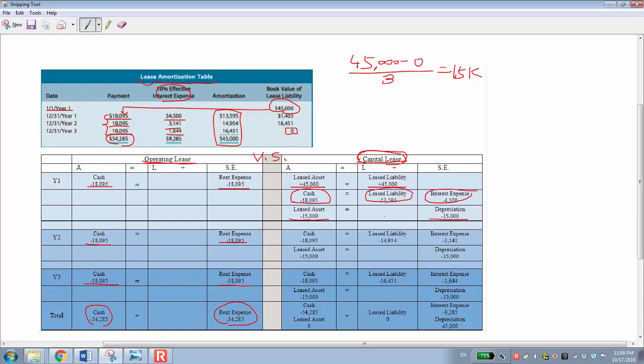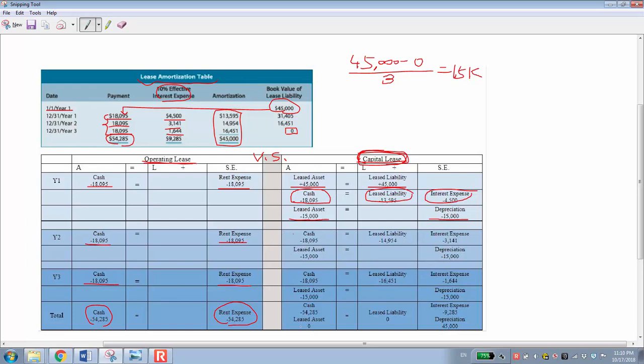What you find is that the accounting treatment is different. You can use either accounting treatment for a single lease agreement, but there is a requirement, as I mentioned at the beginning, that for capital lease the company should meet some criteria.